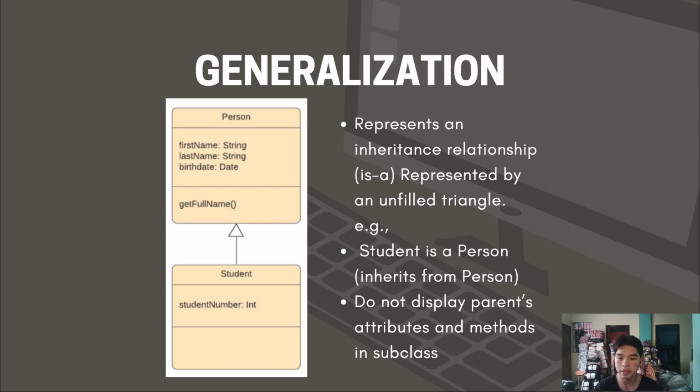The arrow with the hollow triangle pointing to the person indicates that the person is the parent or the superclass, and the student is the child, the subclass. The student also has first name, last name, birth date, and the get full name function, in addition to its own student number.